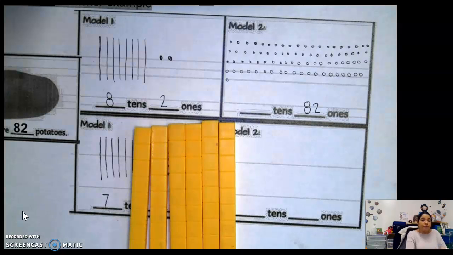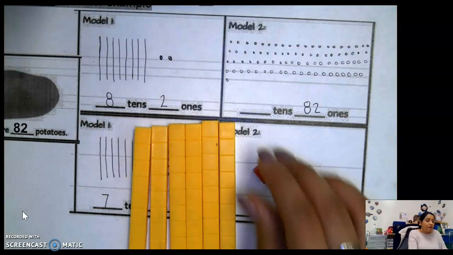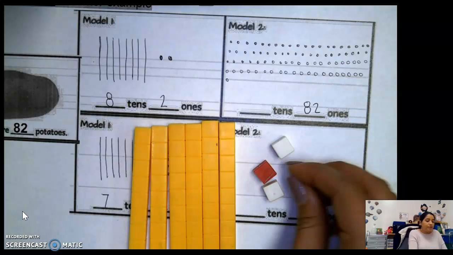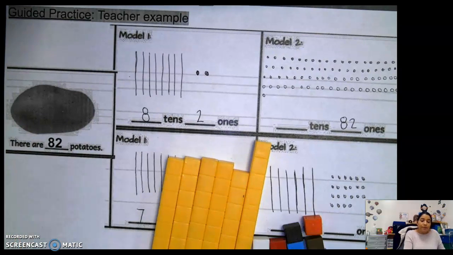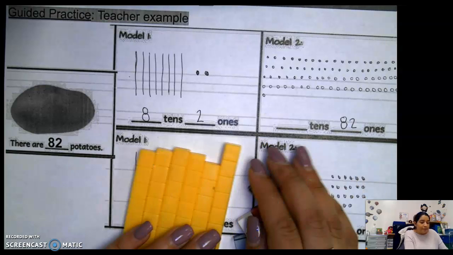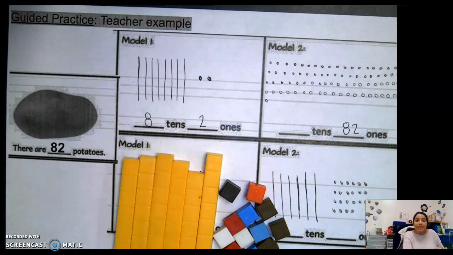So I'm going to count from 60, 61, 62, 63, 64, 65, all the way until I get to 82. I counted the rest of my ones, and now I have 82.